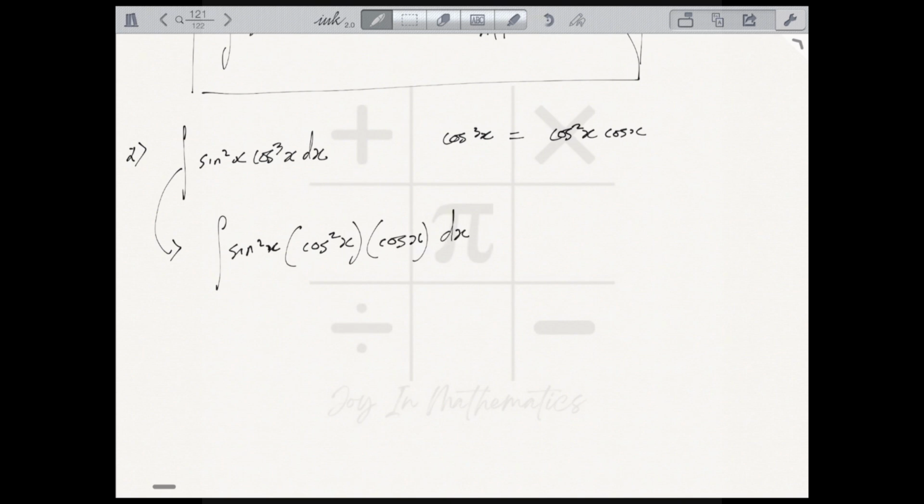Now we know that cos square x is equal to 1 minus sine square x. Now this can also be written as sine square x multiplied by 1 minus sine square x, then multiplied by cos x with respect to x. Therefore, we can open the bracket.